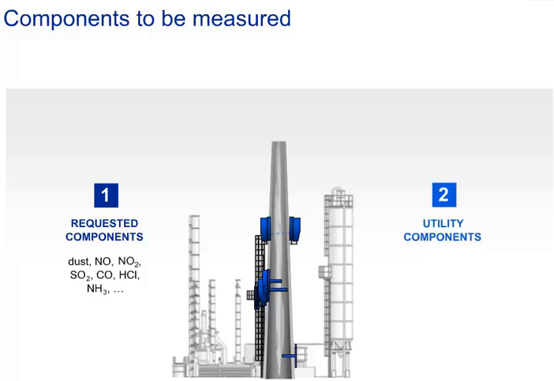For example, dust, NO (nitrogen monoxide), NO2 (nitrogen dioxide), SO2 (sulfur dioxide), CO (carbon monoxide), HCl (hydrogen chloride), NH3 (ammonia), etc. The utility components, pressure, temperature, flow rate, oxygen O2, and water vapor H2O, are needed in order to be able to convert into normal values.